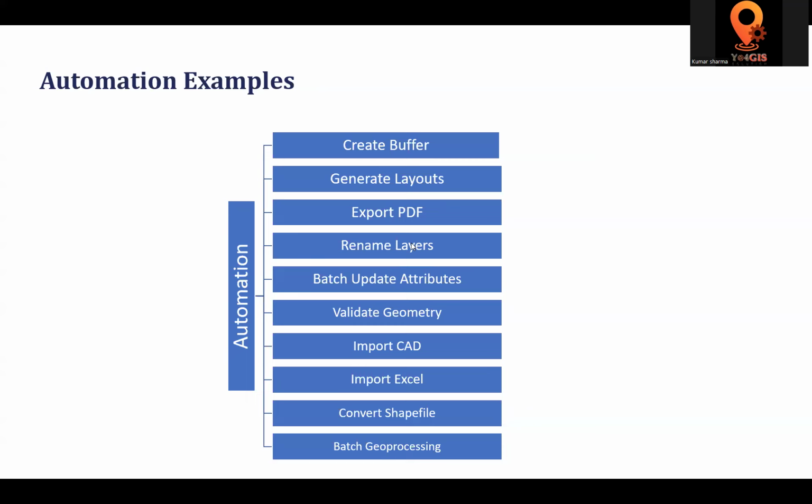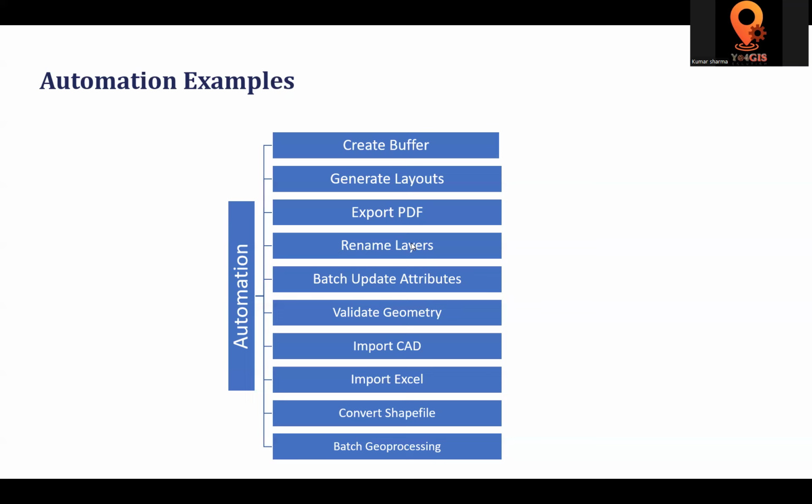Currently, if I ask you, let's suppose in my geodatabase there are 100 feature classes, and I want a report of how many features we have in each feature class. Just a simple question. You have the geodatabase, and in that geodatabase you have 100 feature classes. I want to generate a report of what feature classes we have and how many features each has.